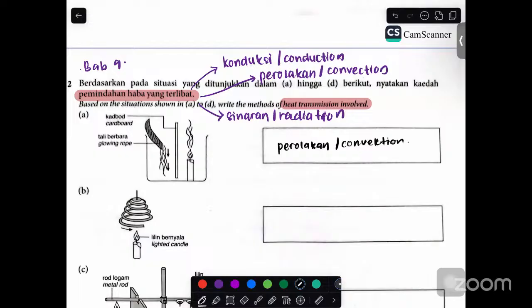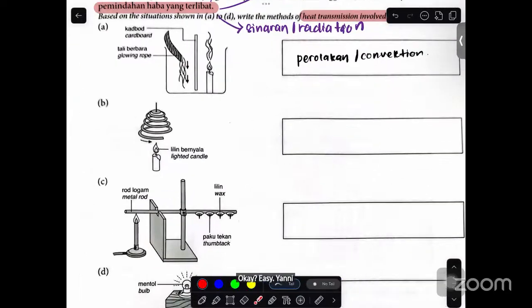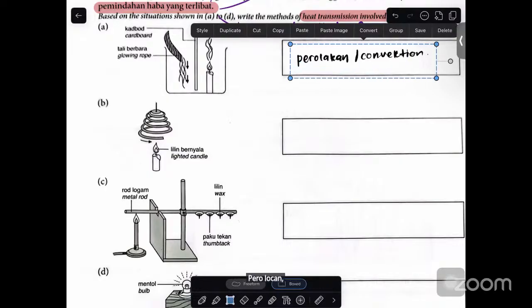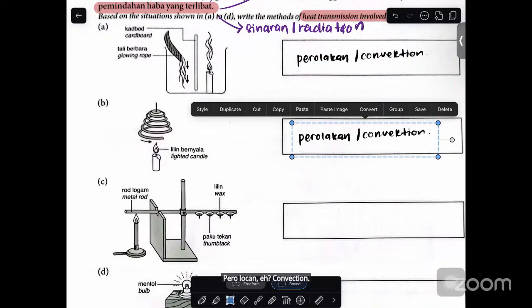Okay, easy. Yang ni, lilin, dia ada dekat bawah sini. Okay, the candle is at the bottom, and then you have something outside here. Cecair, liquid, gas. Solid, liquid, gas. Gas. So, same thing. Perolakan and convection.